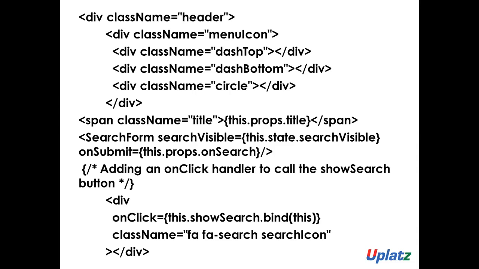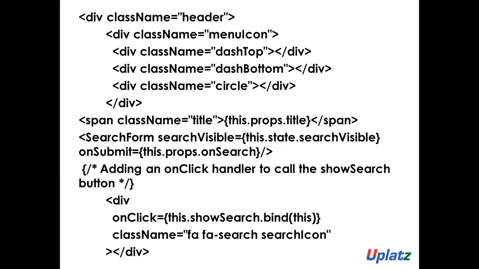For the search form, I'm making the search visible with this.state.searchVisible, and on submit I'm making that props.onSearch. Adding an onClick handler to call the show search button: div onClick this.showSearch.bind(this), className search-icon.